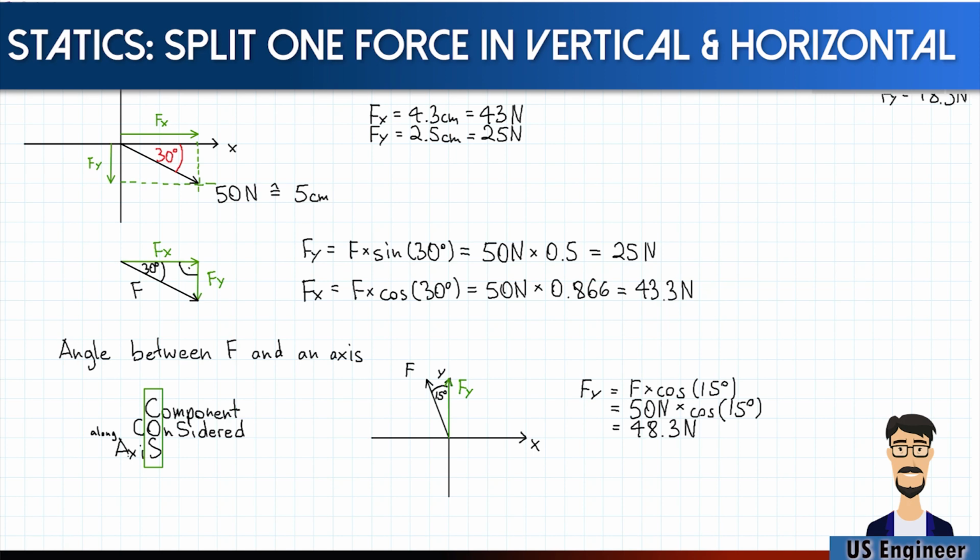And by the way, if you want to verify that you did your math correctly, then all you need to do is to basically perform the calculation backwards and use Pythagoras theorem as shown in the first video to find out your F. And if your F is the same as originally, 50 Newton in our example, then you did your math correctly.